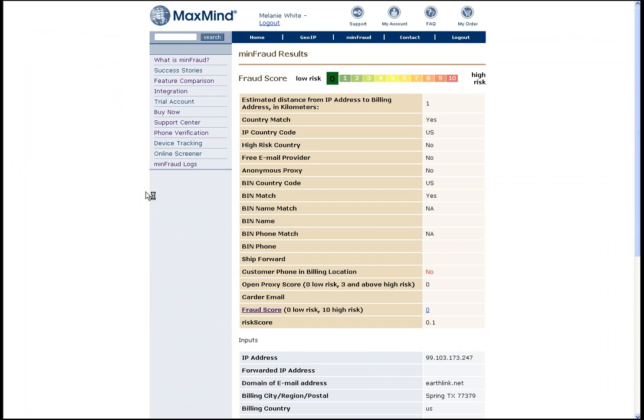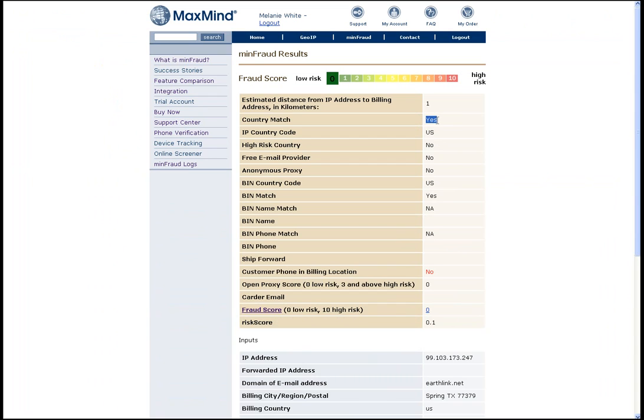For instance, I'm looking at an order right now that was determined to be very low risk of fraud. As you can see over here under risk score, it gets a 0.1 out of a score of 0 to 100. So this is very low chance of fraud. And the reason for that is that it's a low risk country. You can see that the country did match the bank country.